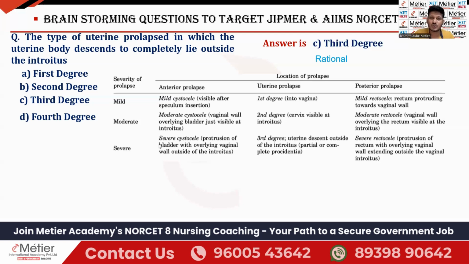The fourth is usually called procidentia, where even the uterine fundus comes out completely. In some books this is given as degree 4. But here, the right answer is third degree, because only the uterine body is descending completely, not the fundus. That's why we selected option C, third degree.